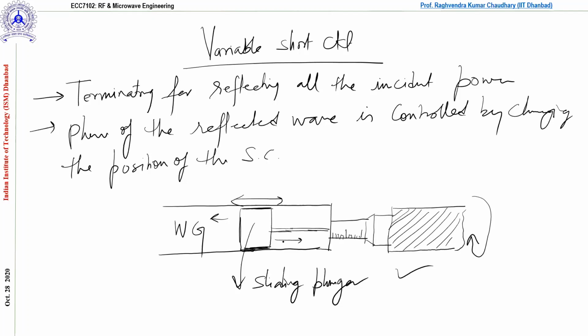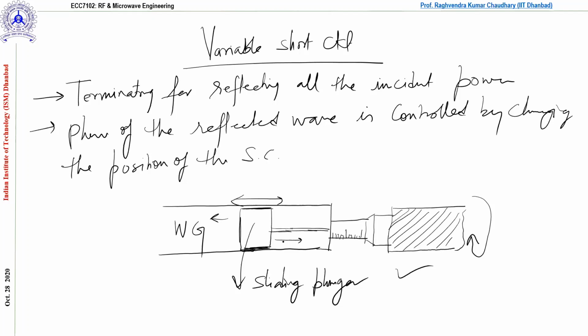The electrical contact between the sliding block and the waveguide wall should have some gap, but not too much gap, otherwise there will be a leakage problem. But there is sufficient gap so that the plunger can be moved forward and backward.